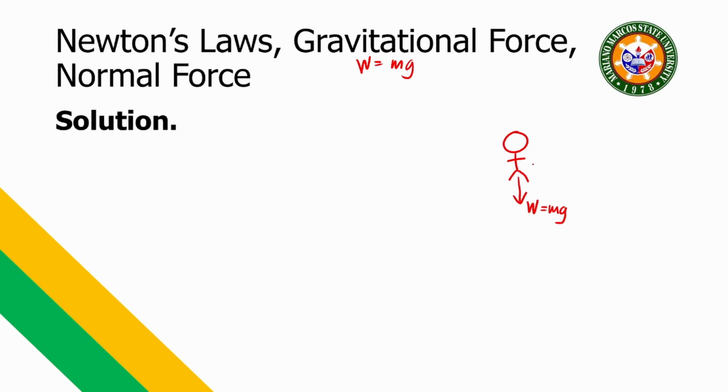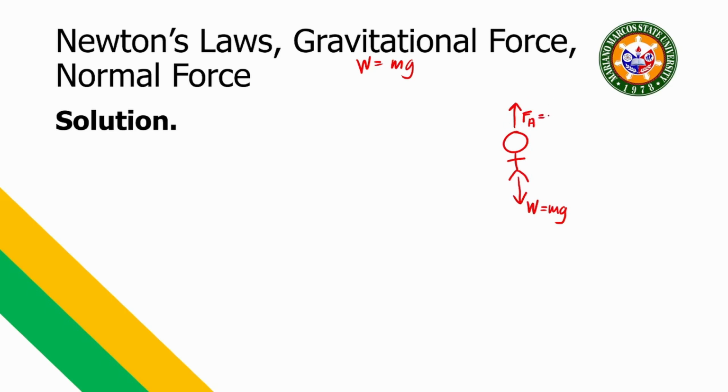Of course, the diver does not just fall freely; there is air resistance that slows down his descent. The air resistance, let us just call it FA. It says here that the air resistance is 1/4 the weight of the diver plus their parachute.